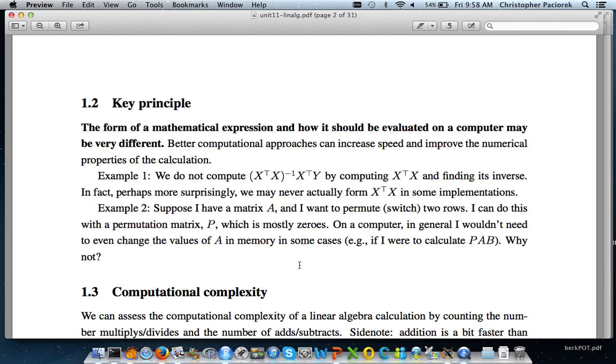We have to think much more carefully about the order in which we do things and the actual way in which we do the calculation, so that we can speed it up quite a bit and also make sure we have a reasonable amount of precision in our answer. If we do it naively, we're going to do it much more slowly than we need to, and in some cases with very little precision.